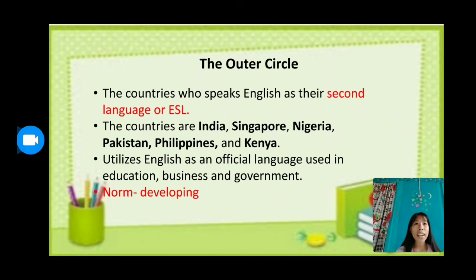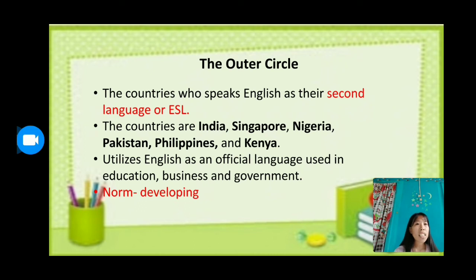The next one is the outer circle. The outer circles are the countries who speak English as their second language, or ESL. When we say second language, it is the language that is usually learned. The countries which belong here are India, Singapore, Nigeria, Pakistan, the Philippines, and Kenya. These countries utilize English as an official language used in education, business, and government.